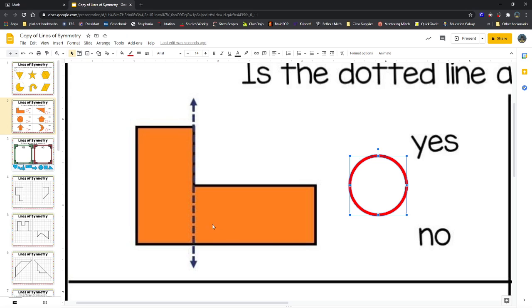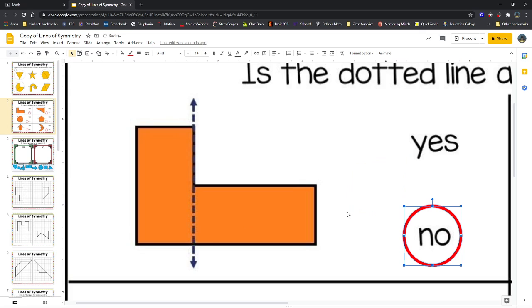No, I won't. They're about the same size, right? But one of them is standing up, the other one is laying down. So even though they'd be the same size, they wouldn't be the same shape. So this one, the no.